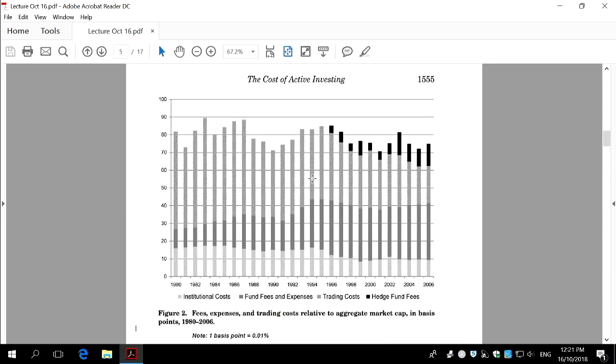Trading became easier and easier, but this component became larger. That's mutual fund expenses. And those institutional costs became smaller, and hedge fund cost was not there 40 years ago, but in the recent 2 decades, it was there, hedge fund fees.